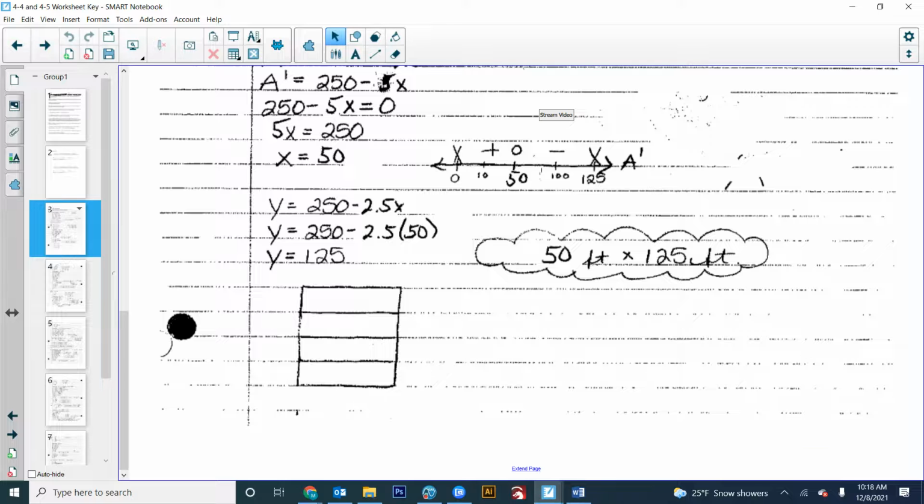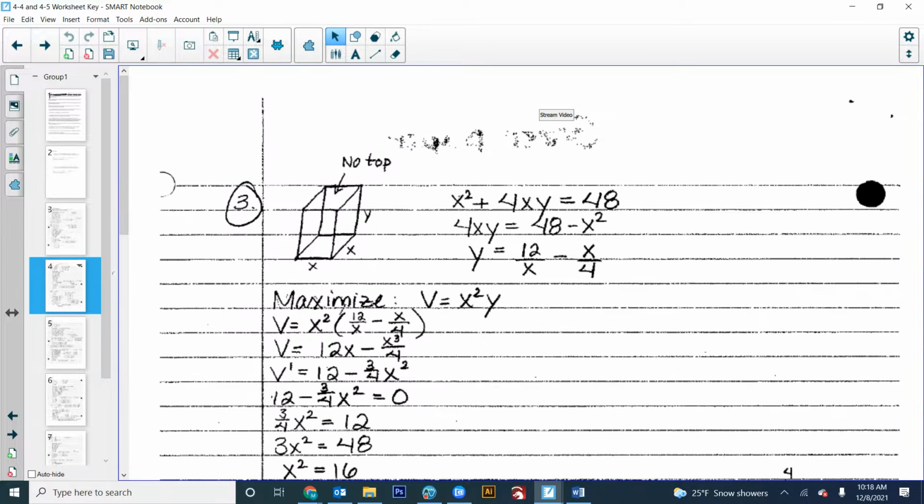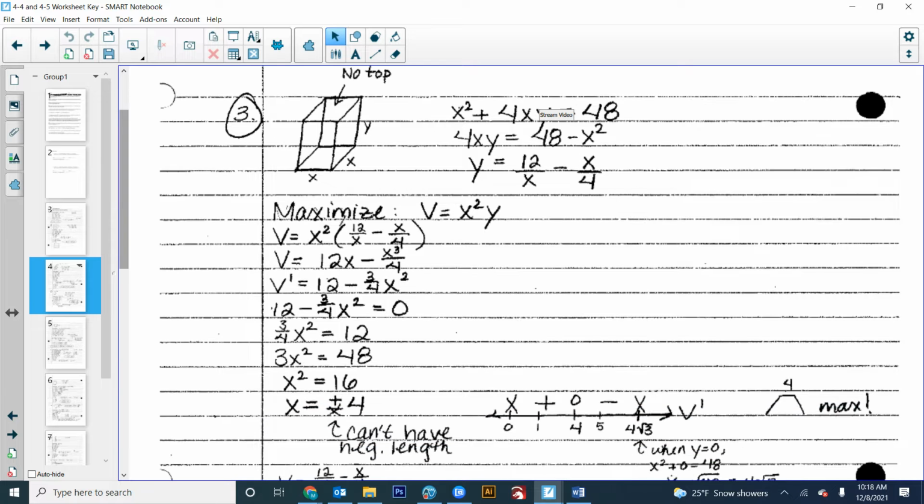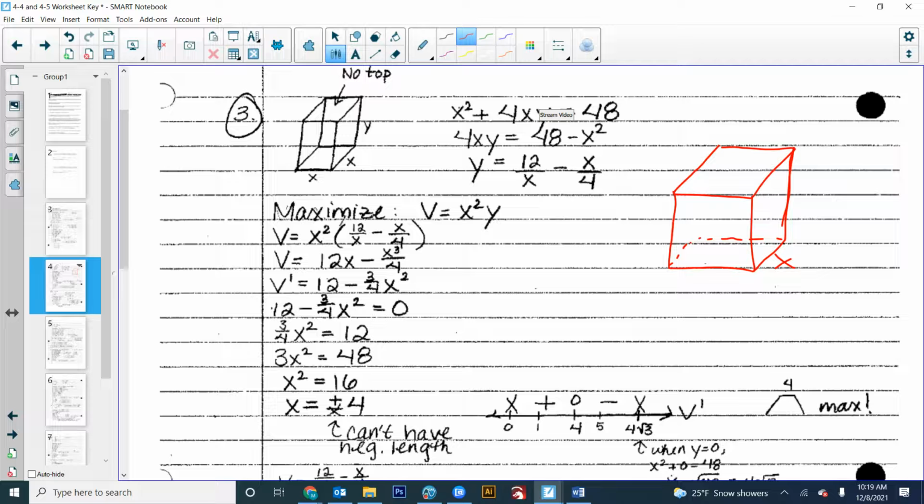What questions on that one? 3? There's no top. An open rectangular box with a square base.